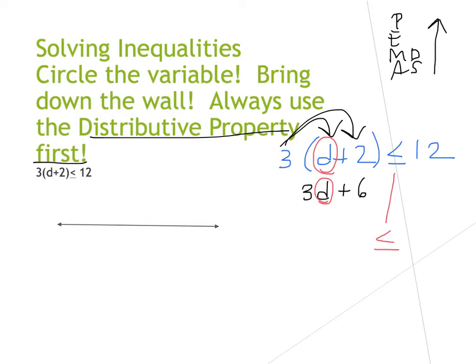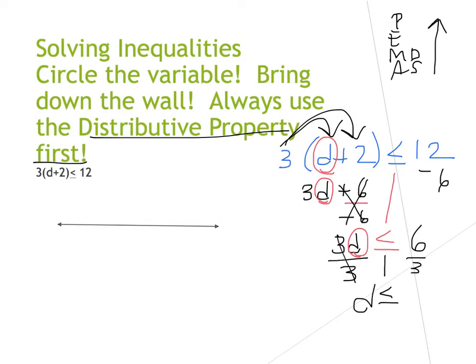So this right here tells me to add, so I'm going to subtract 6 on both sides, which cancels this out and leaves me with 3d. 12 minus 6 is going to give me 6, and then I'm going to circle my variable again, bring down my inequality sign. That says 3 times d, so I'm going to divide both sides by 3, which leaves me with d on this side. 6 divided by 3 is 2.